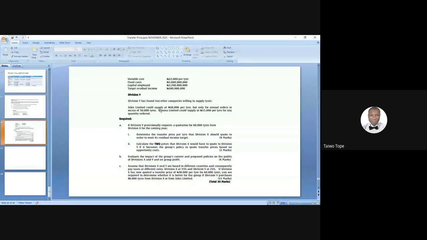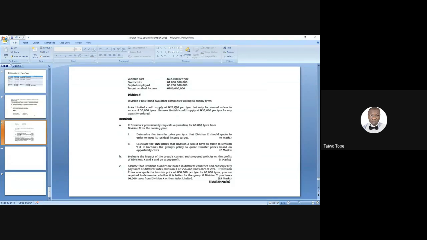Ades Limited could supply at 28,000 per tire, but only for annual orders of 50,000 tires. So Y could purchase tires at 28,000 from Ades Limited instead of 29,900 from division X. And if X cannot sell the 40,000 tires externally, the group profit will fall.